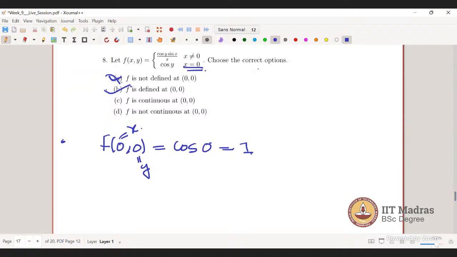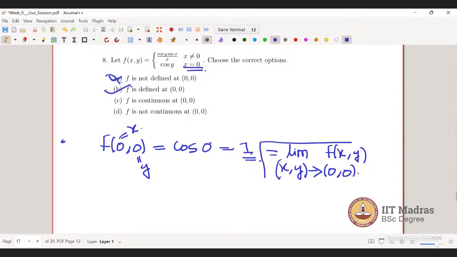The value at (0, 0) is 1, and you need to show that the limit is also 1. Then only you can say that this is continuous. So how can I show this? How to find the limit?